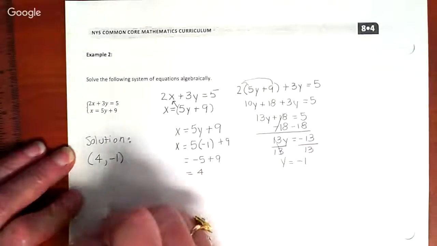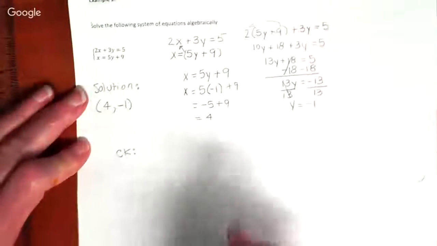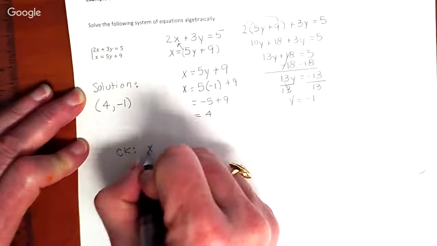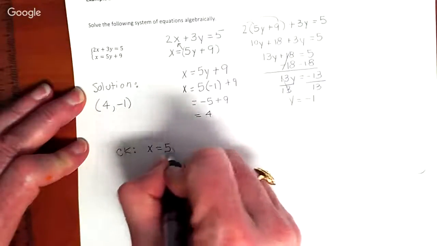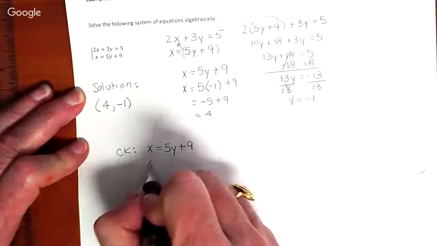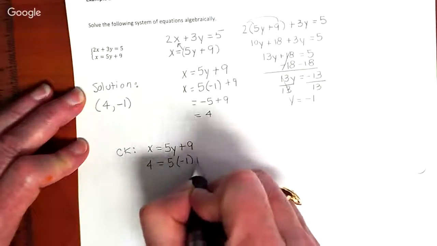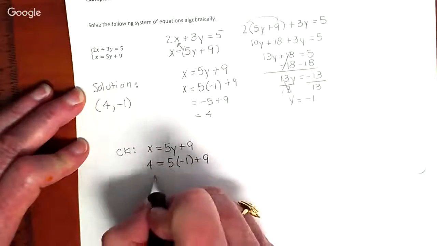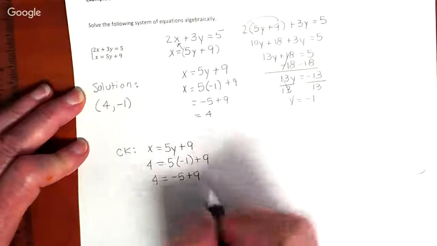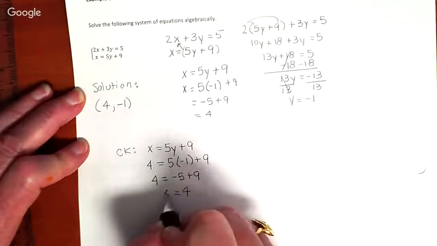So now to check our answer, I have x equals 5y plus 9. So 4 equals 5 times negative 1 plus 9. 4 equals negative 5 plus 9. Negative 5 plus 9 is 4, so 4 equals 4.